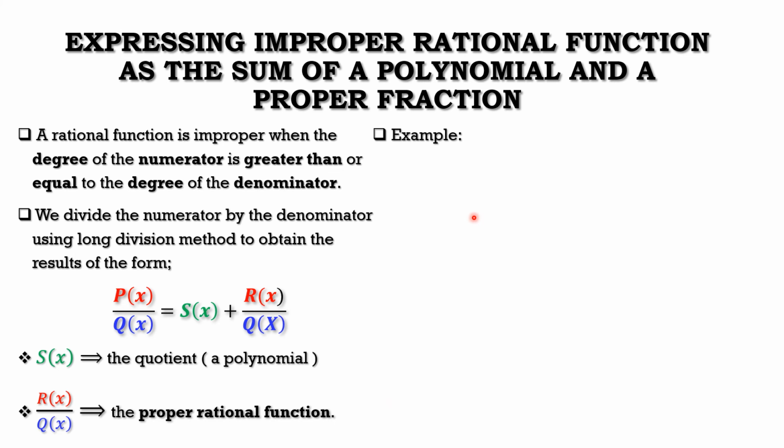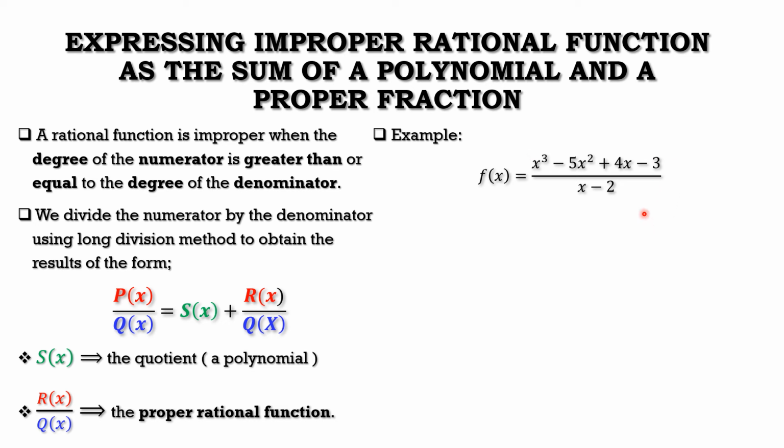Now let's proceed to see an example where we have to express this particular improper rational function f of x. And what makes this particular rational function improper? It is improper because the degree of the numerator is 3 and the degree of the denominator is 2.